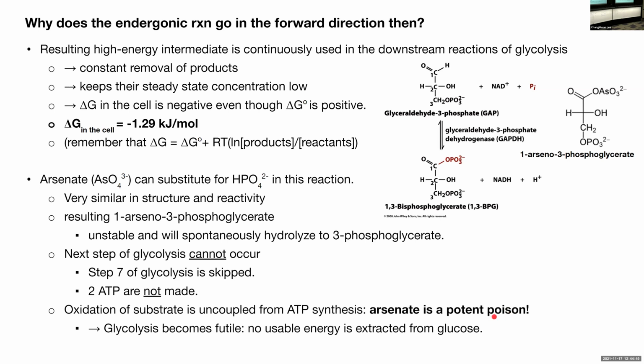That means even if you consume a lot of food, your cells will still stay starved because there's no ATP generated from there, right? Even if glucose is still broken down. So glycolysis becomes futile and no usable energy is extracted from glucose.